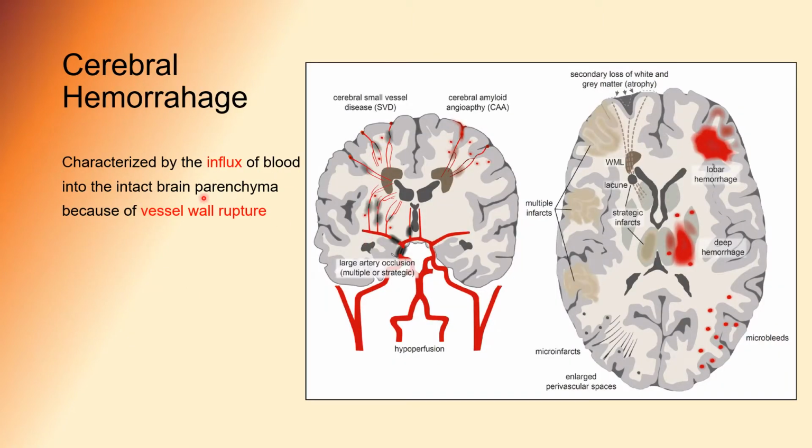Cerebral hemorrhage is characterized by influx of blood into intact brain parenchyma because of vessel wall rupture. So influx means a lot of blood. It is in contrast to the infarcts.